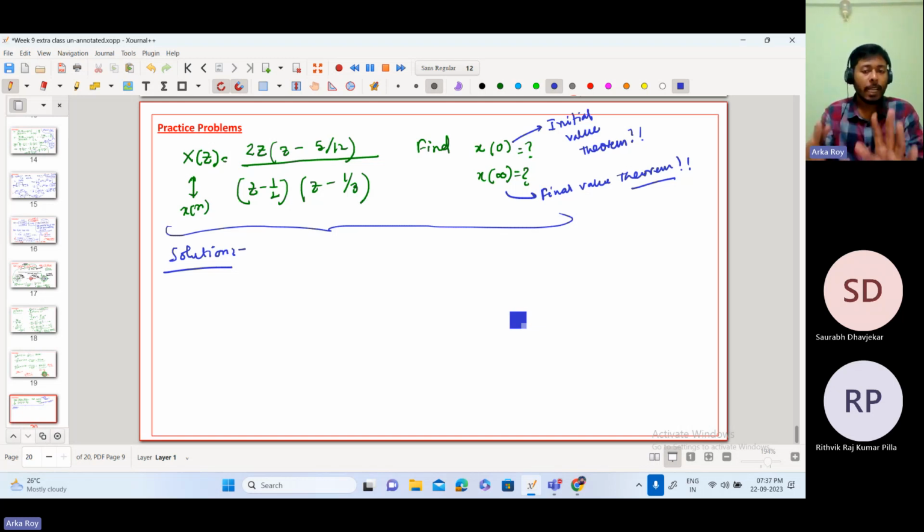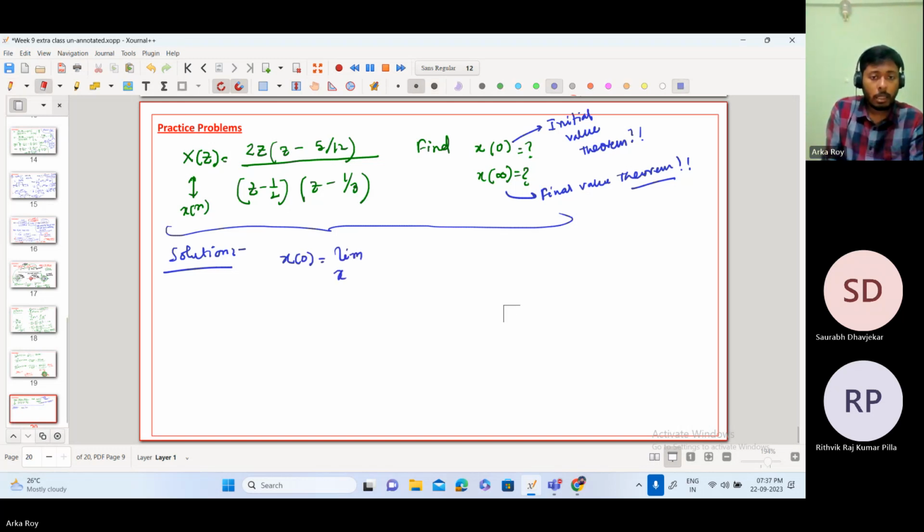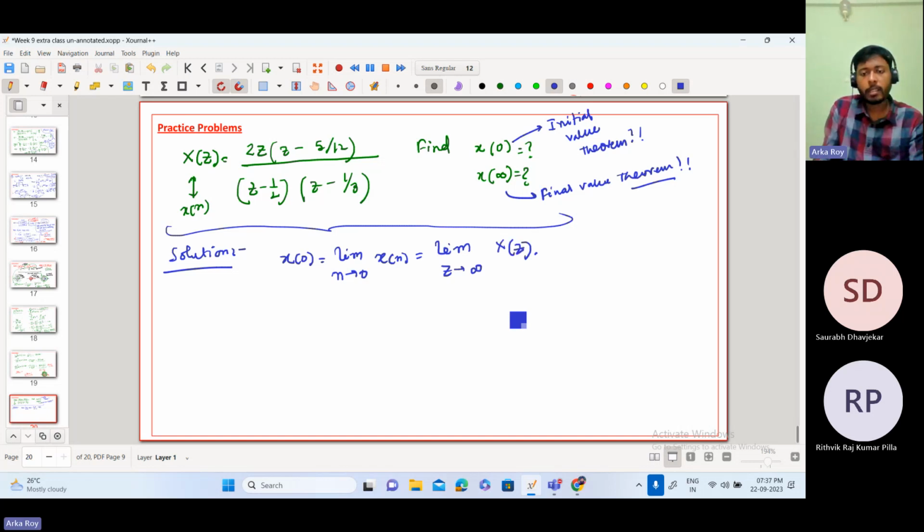So in week 3 live session, what I can remember is that I had done a great elaboration on how to get the relations. For example, x of 0 is limit n tending to 0 x of n, which equals limit z tends to infinite x of z.